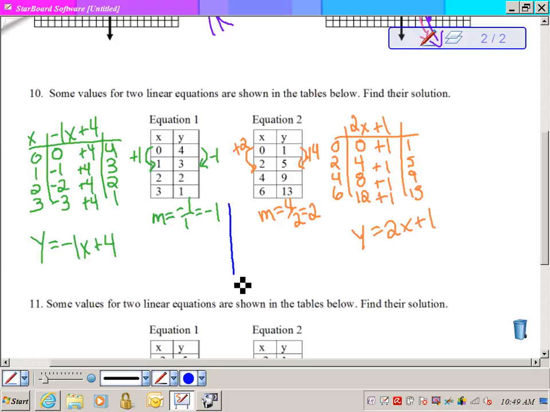So now for our graph. The first one, my m was -1. My b is 4. So if I go up to 4, 1, 2, 3, 4. My slope is -1, so I go down 1 over 1.